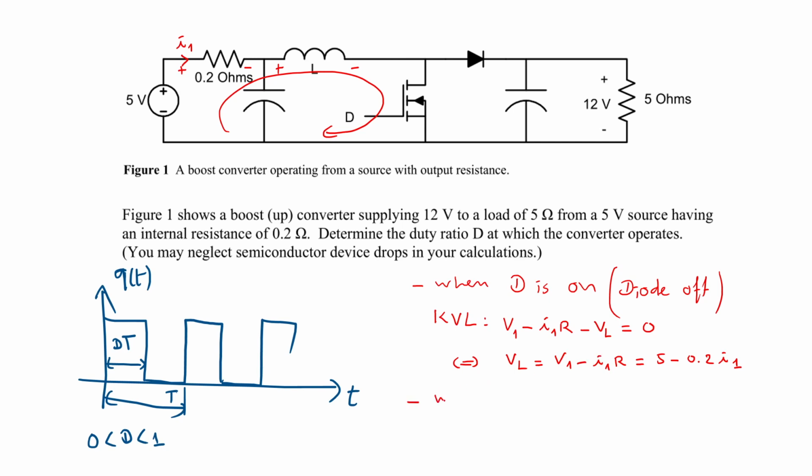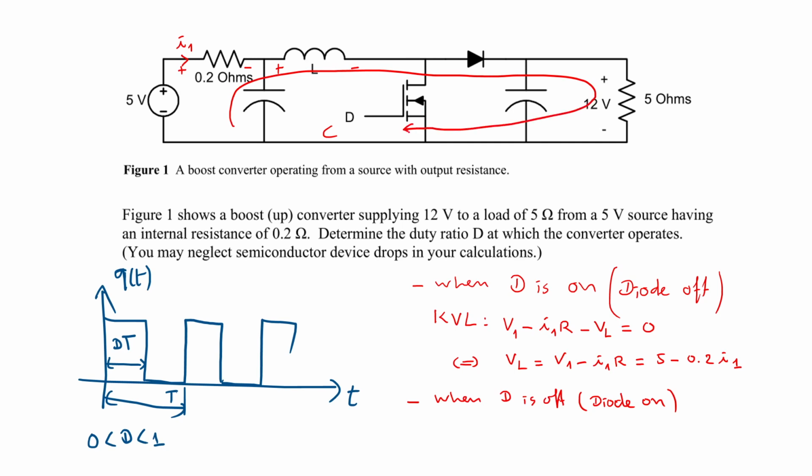Next, when the MOSFET is off, the diode must be on. So now this is open, and you can analyze with Kirchhoff's voltage law in this loop, the big loop.